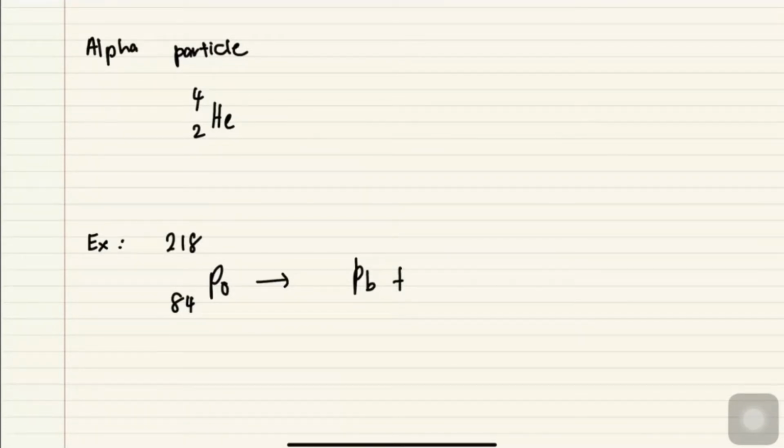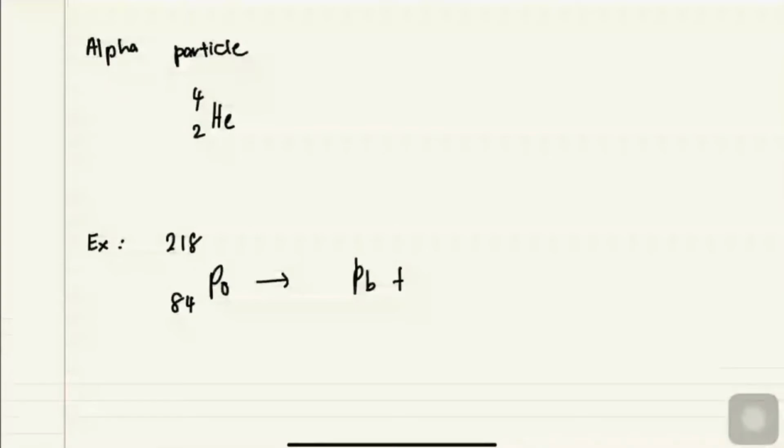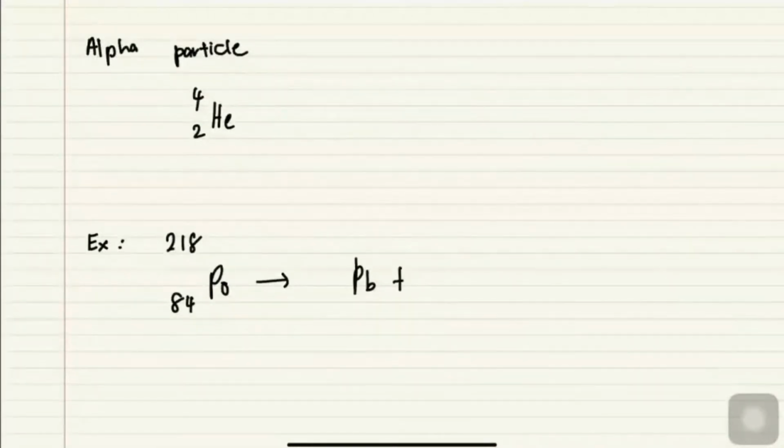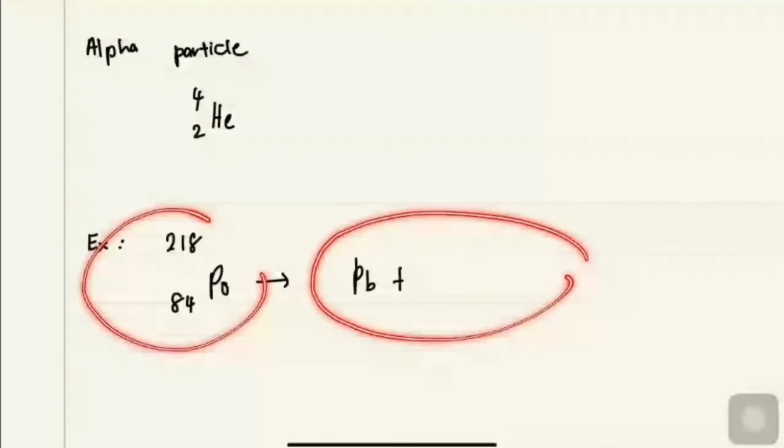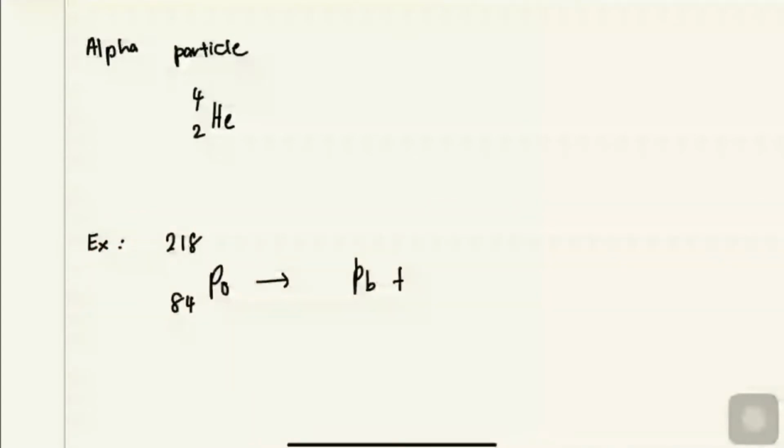If you want to look into detail, when they ask you a question regarding the decay, the first thing they might ask is for you to write down the equations. The equation is like in chemistry too. The key thing here is you want to balance the left and right numbers. So here is an example: maybe in the exam it says an alpha particle is released in the reaction or decay. Write down the equation.